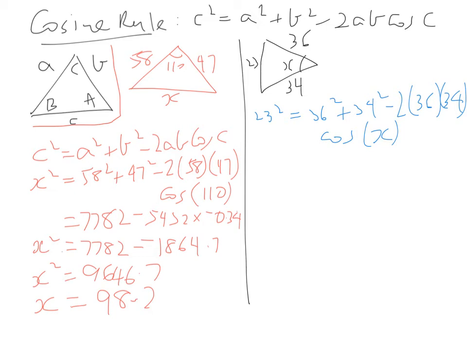So let's see, 23 squared is 529, equals 36 squared, 1296, plus 34 squared, 1156, minus 2 times 36 is 72, and I'll multiply that by 34, 2448.